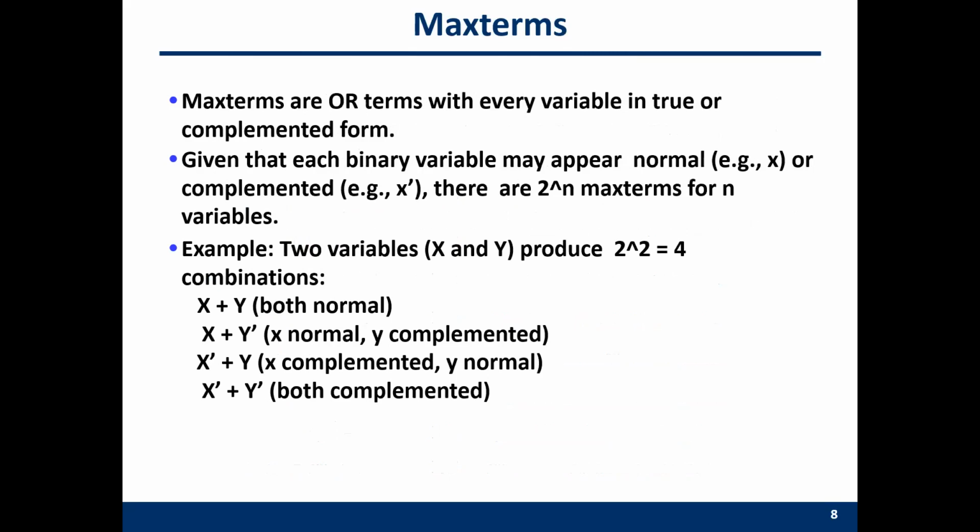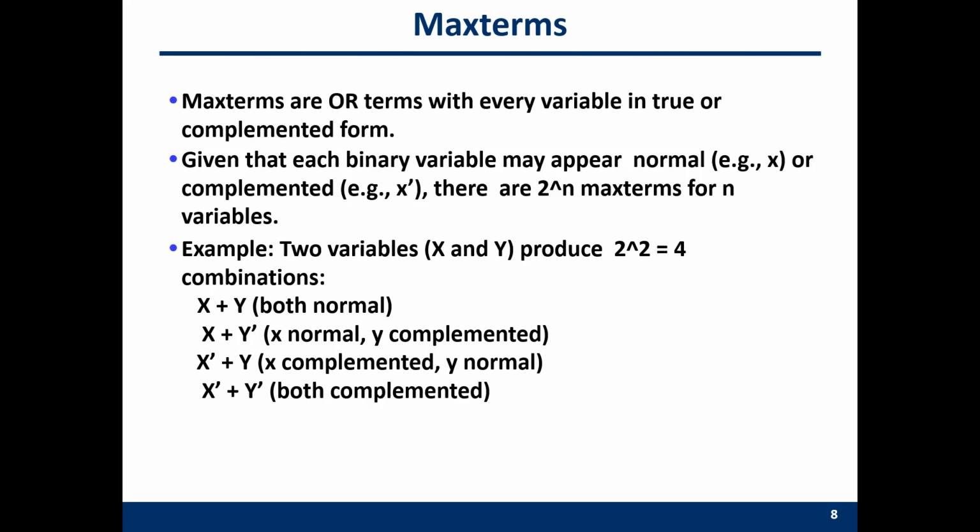So the maxterms are OR terms with every variable in true or complemented form. So it's all about the OR operation. Given that each binary variable may appear normal, like x, or complemented, like x bar, there are 2 to the n maxterms for n variables, which is the same as the minterms.